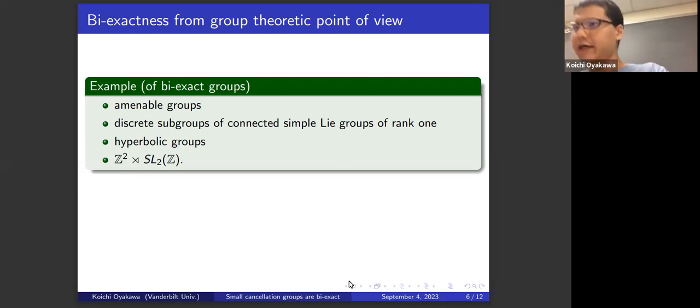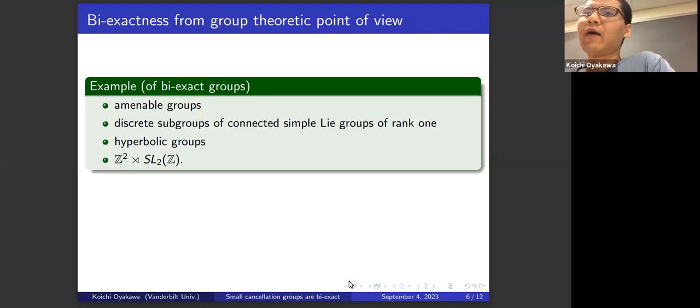And here, what I have to say is, as I said, amenable groups are trivial, and discrete subgroups of connected simple Lie groups and hyperbolic groups are two examples Ozawa listed as examples of bi-exact groups when he defined this property.